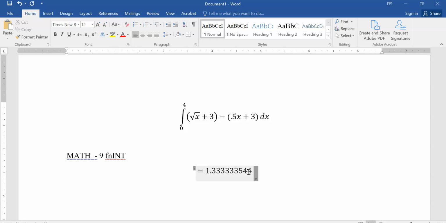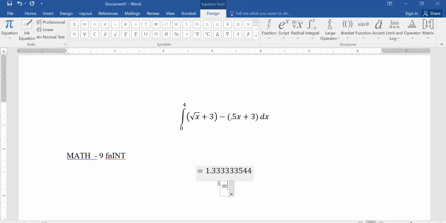Now, this is an issue with your calculator that can happen. If you actually did this by hand, you would in fact get 1 1/3, okay? You would have gotten 1 1/3 if you did this by hand. But because of the way the calculator works, it does integration using numerical methods.